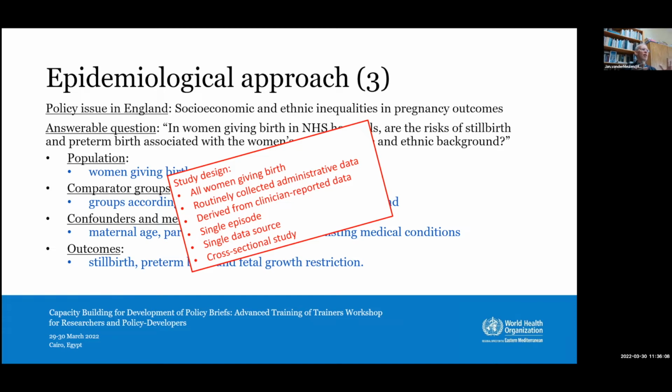So basically, finding the answerable question for a policy issue and thinking about the data sources that you need is not a one-way process. Sometimes you need to go back and change the answerable question slightly, hoping that it still matches the policy issue, so that the data that you have or the data that you can collect is available. So far, only good news.